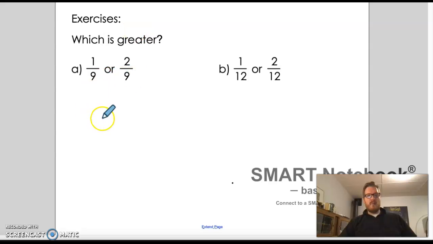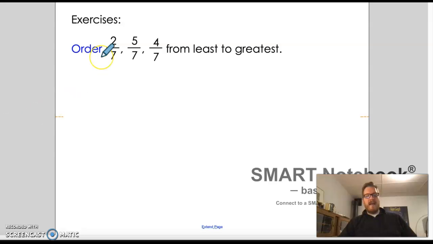So then here again, which is greater, 1/9 or 2/9? We would say that 2/9 is bigger, and 1/12 or 2/12, 2/12 is bigger. And then what we need to do is order these three fractions from least to greatest. And we're really great at reading instructions. And so our smallest one here, since the denominators are all the same, is 2/7.